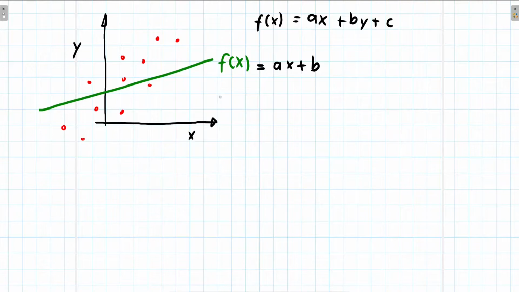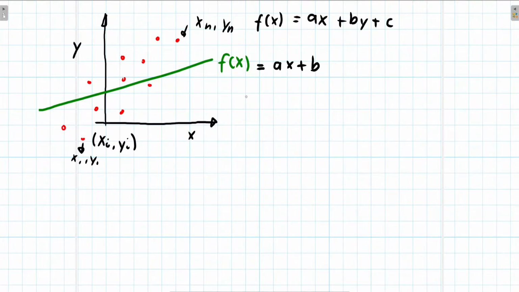So before we get started, let's do some organization. So essentially we have some data points, xi, yi. So this would be x1, y1, and this would be xn, yn.